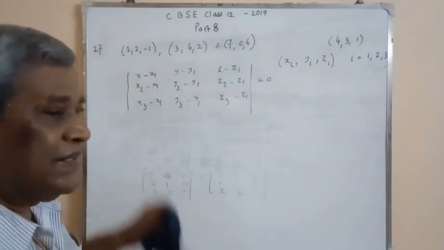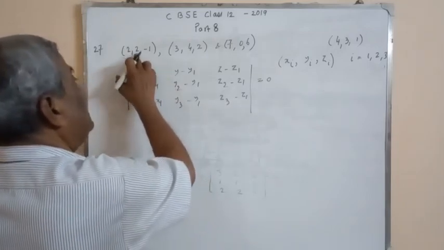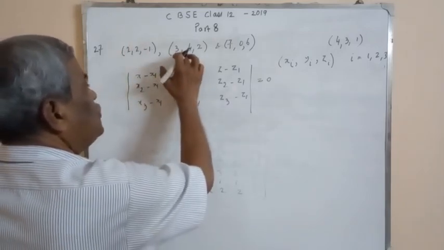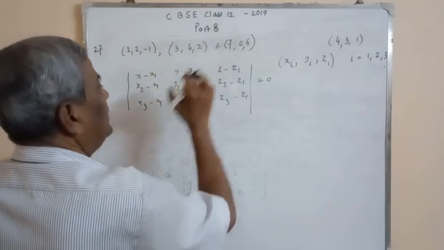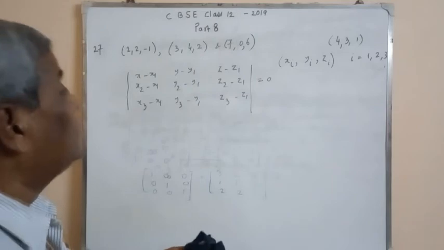So using this result, where x1, y1, z1, x2, y2, z2, x3, y3, z3 are the 3 points.